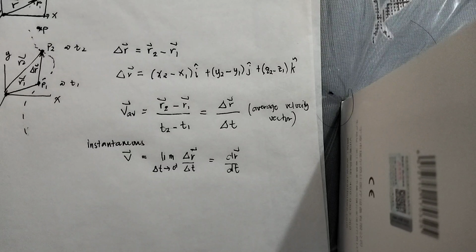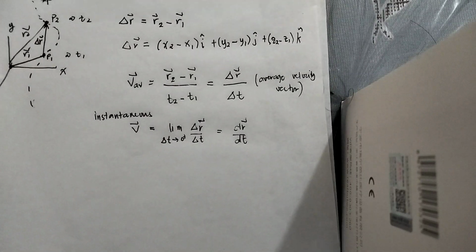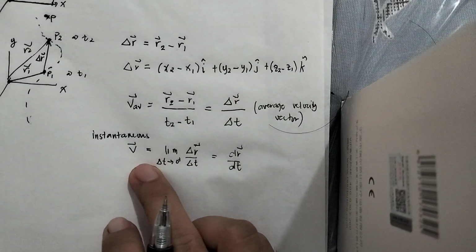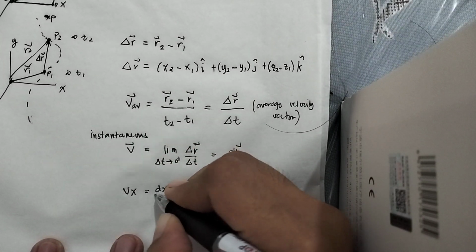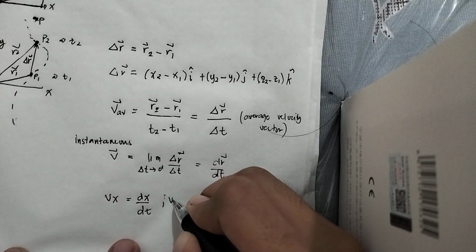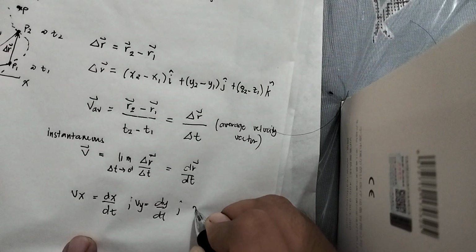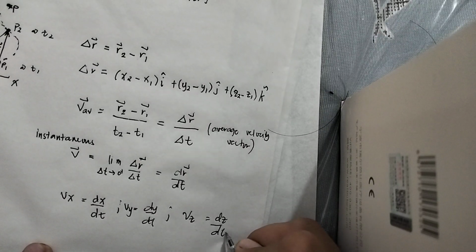Okay, what else? The components of instantaneous velocity, since this is 3D: Vx is dx over dt, Vy is dy over dt, and Vz is dz over dt.